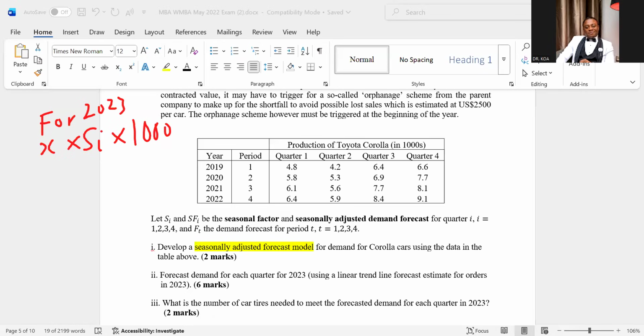Now, let me just remind you, do you know for each quarter we were able to calculate the forecasted demand? Do you remember? When we multiplied each one by the 32 for the year, if you can remember, we took the 0.22 times 32.55. Yes, sir. Those ones that we did, they were the forecasted demand for each quarter.